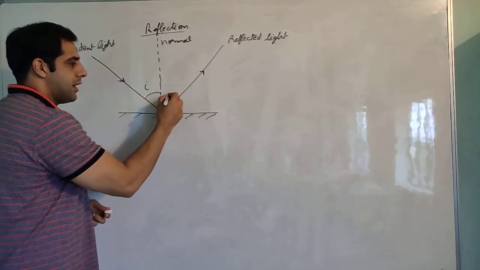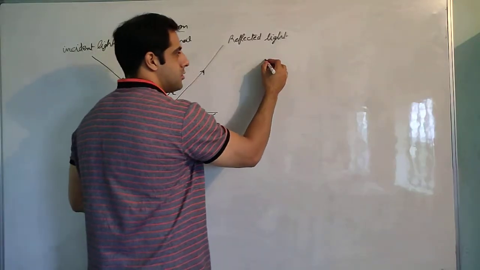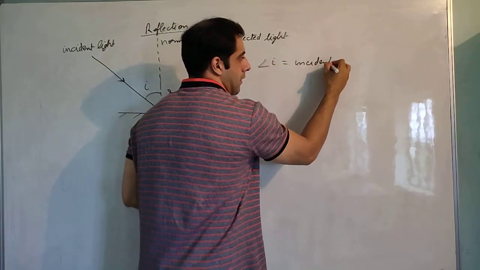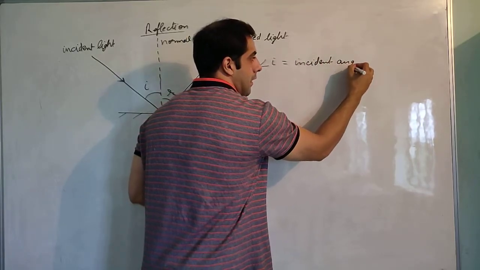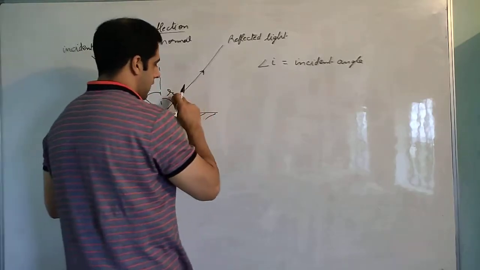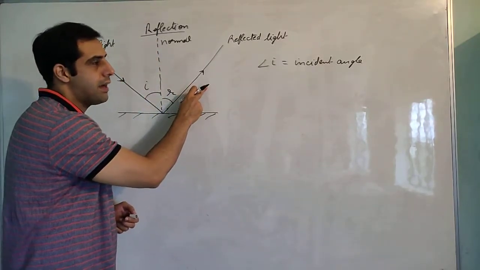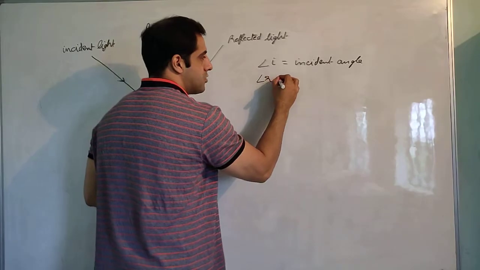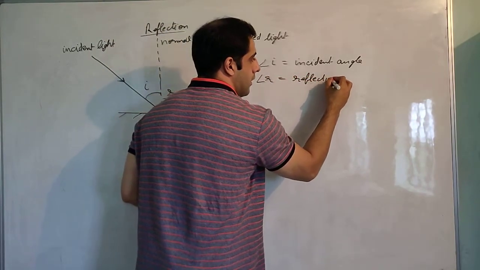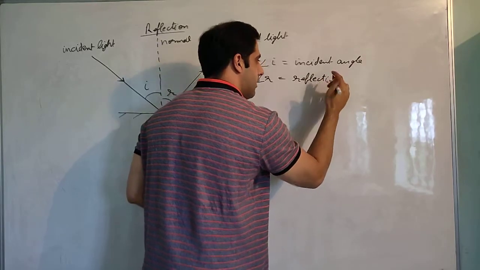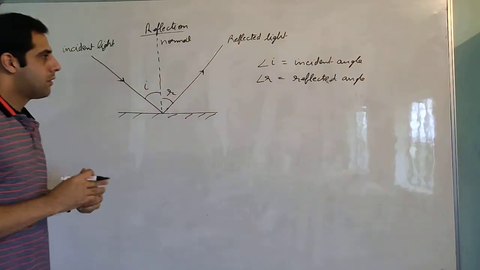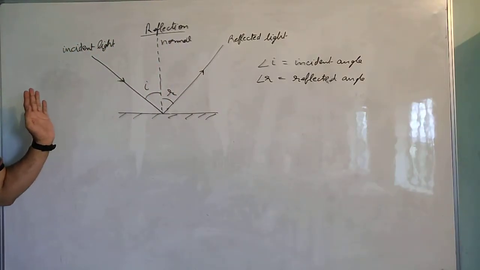We'll denote this angle with I and this angle with R. So angle I, this angle, we will call the incident angle because the incident light is making this angle with the normal, and this other angle which the reflected light is making with the normal is called the reflection or reflected angle. So this is the basic concept of reflection.